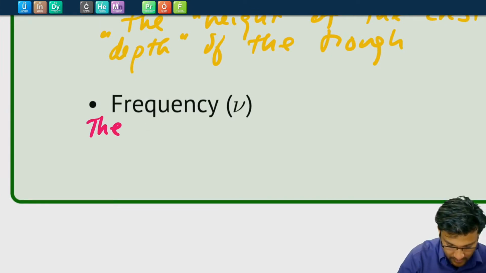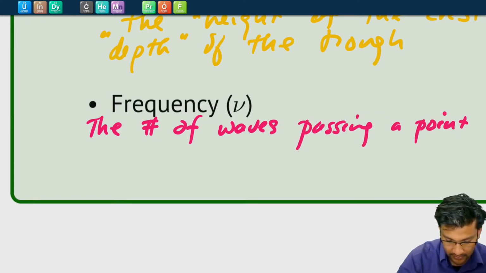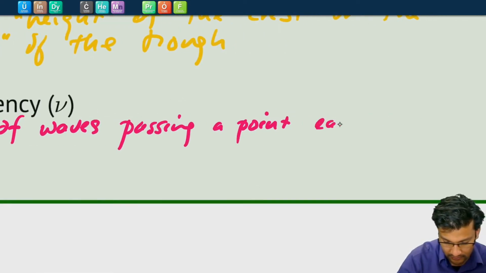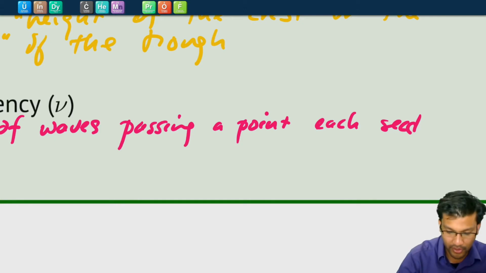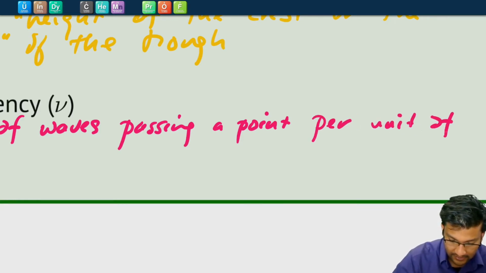So the frequency is the number of waves or wavelengths passing a point each second, or per unit of time. It doesn't have to be second, it could be any other unit of time.